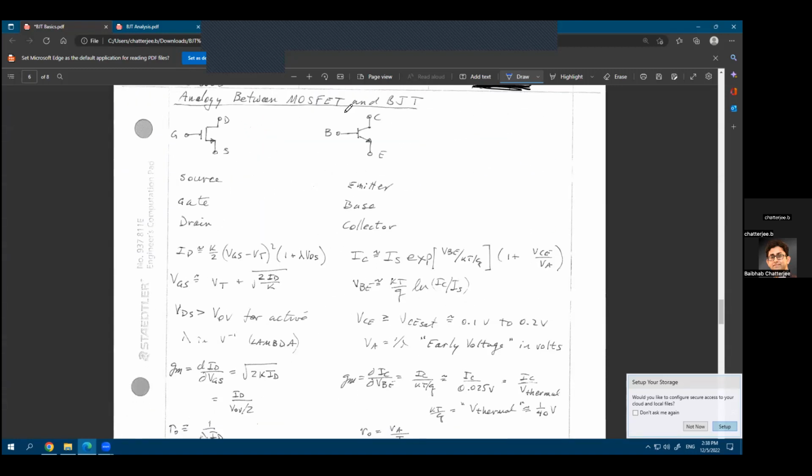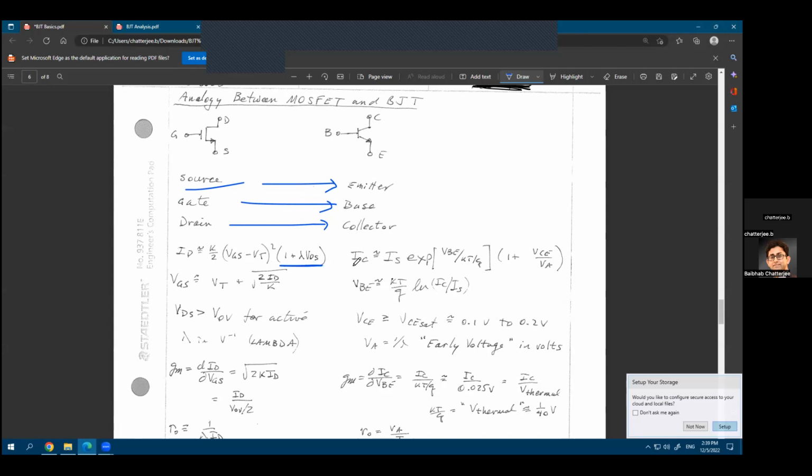That's the analogy between the MOSFET and the BJT. So the source becomes the emitter, the gate becomes the base, the drain becomes the collector. The equation for ID for the MOSFET is K over 2 V overdrive squared times 1 plus lambda VDS, if you are taking channel length modulation into consideration.